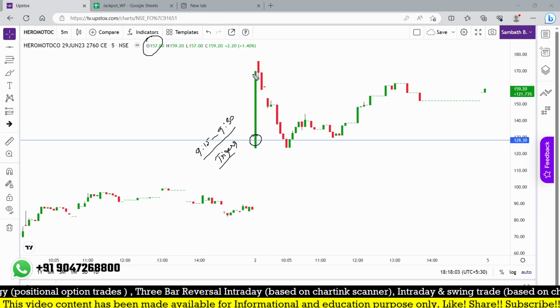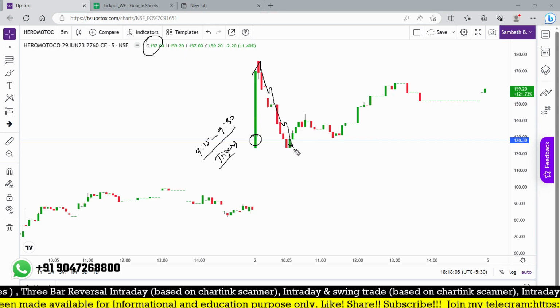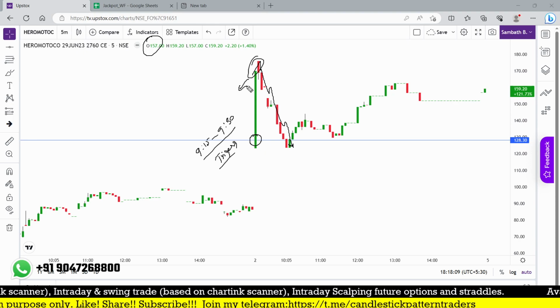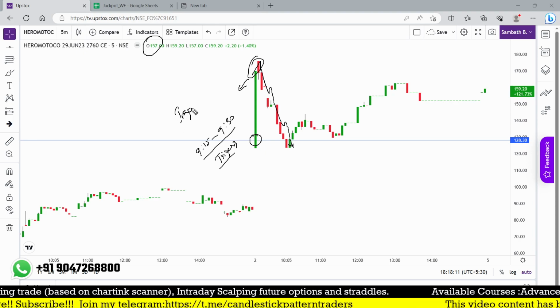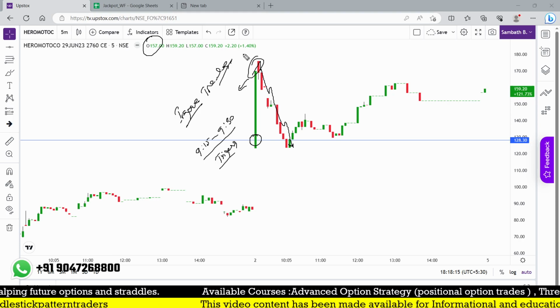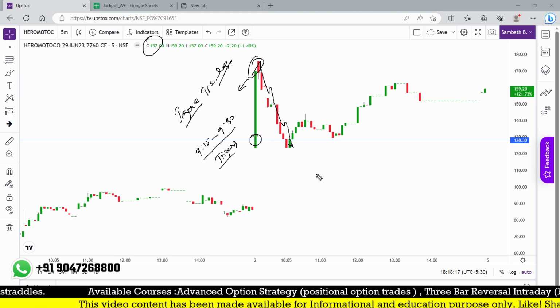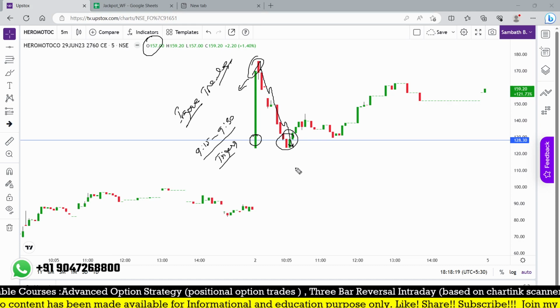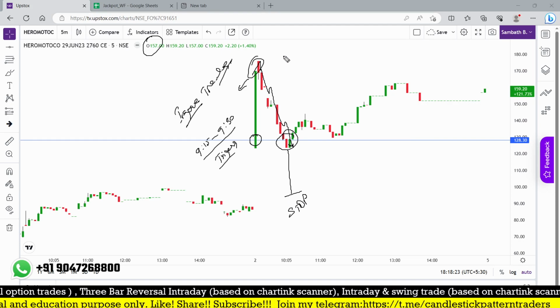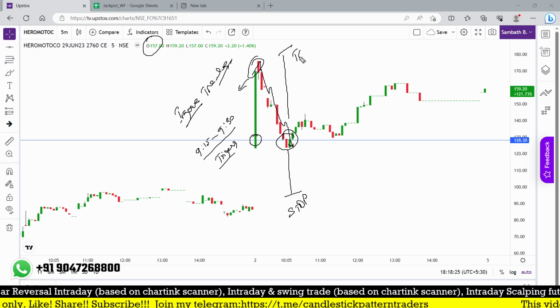So in this case, I don't want to take this entry because it has already triggered my target in the first 10 minutes itself. So we ignore the trade based on the concept. But if you want to try to take a retracement opportunity at this point, and you know well where to keep a stop and where to keep a target, that is also up to you.